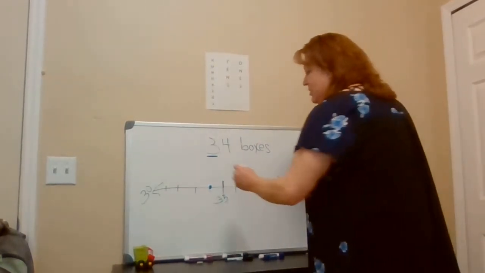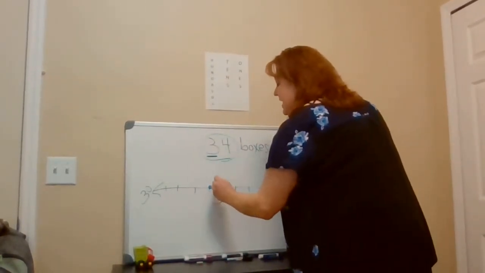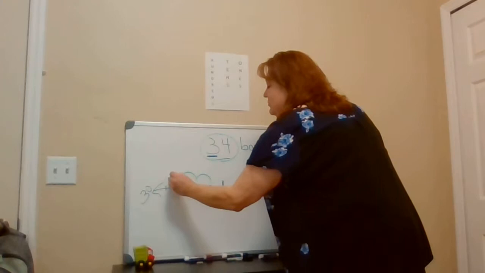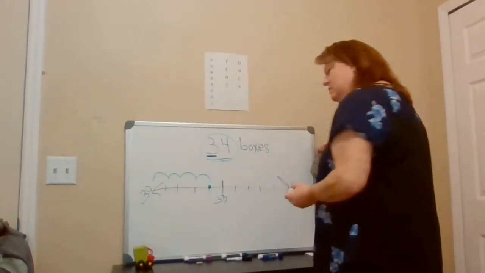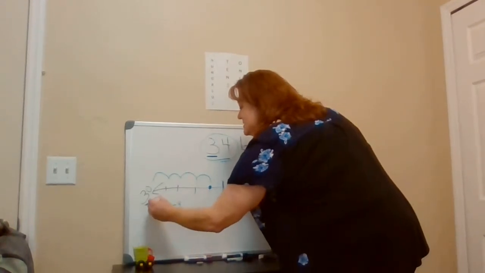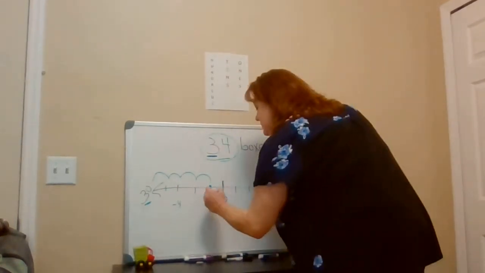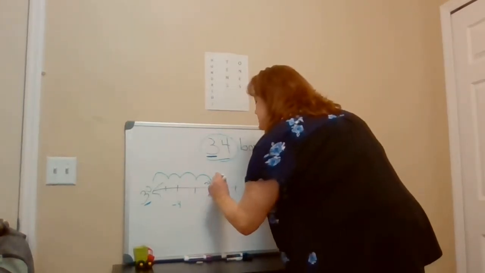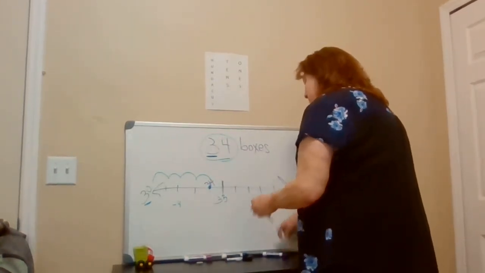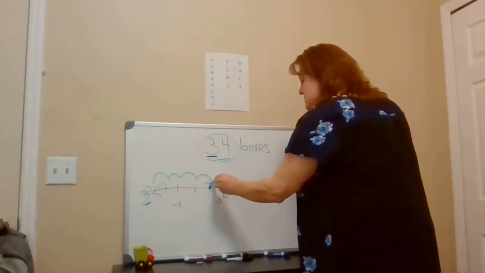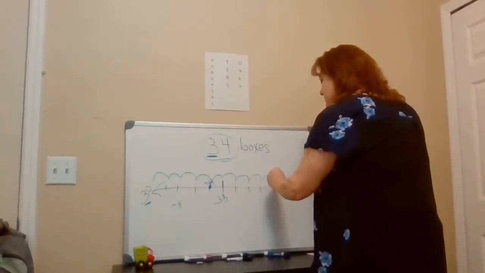Now when we look at the number 34, how many jumps does it take us to go down to 30? We go 1, 2, 3, 4. Okay, so minus 4 would get us to 30. Okay, so there's our 34. If I wanted to go up to 40, how many jumps would it take? Let's see, 1, 2, 3, 4, 5.